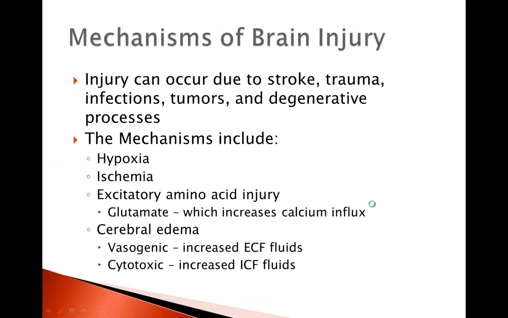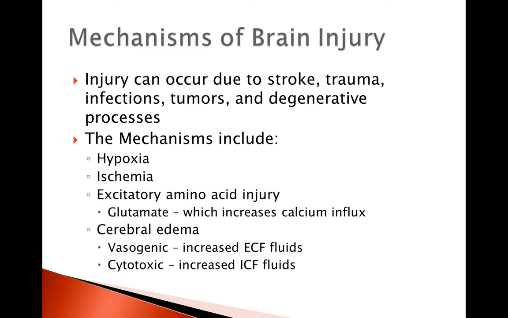Going back, the other mechanism that we're dealing with is cerebral edema, and there are two categories of cerebral edema, or fluid around the brain. There's vasogenic, and in vasogenic we're primarily affecting the white matter of the brain. So that's the area of the neurons of the brain that are covered with myelin. So the integrity of the blood-brain barrier is disrupted.